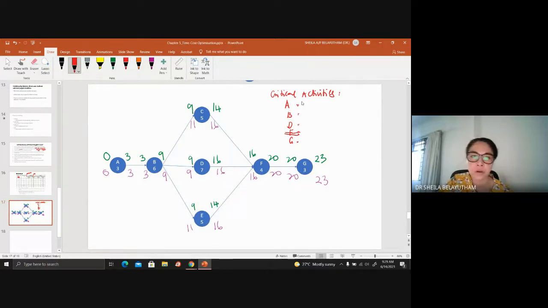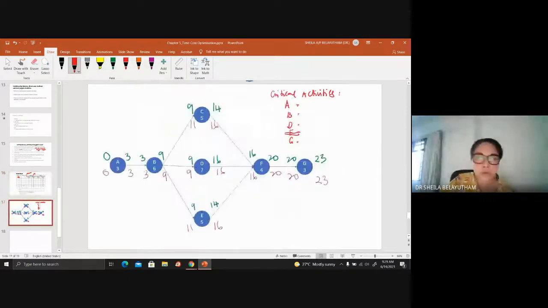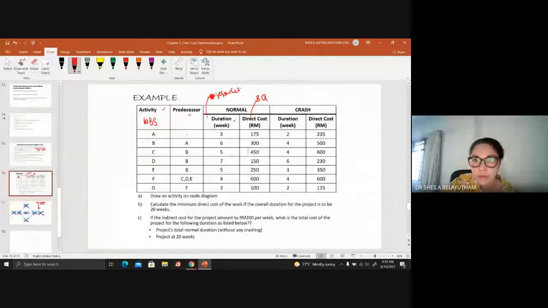For example, activity A, the direct cost is 235 minus 175, divided by 3 minus 2.